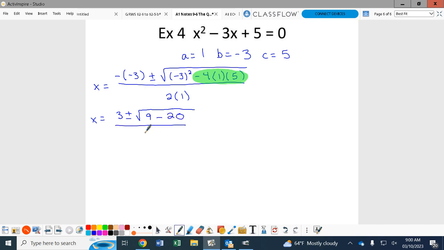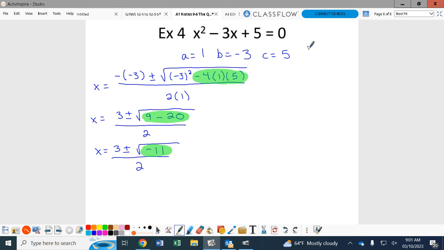All over 2 times 1, which would be 2. Now we do the arithmetic to find the discriminant. The whole goal is to find out the number that's going to go under this radical, to be our discriminant. We do 9 minus 20. So we bring down the 3, the plus or minus, and the radical, but what is 9 minus 20? -11, all over 2. So my discriminant in this case is -11.